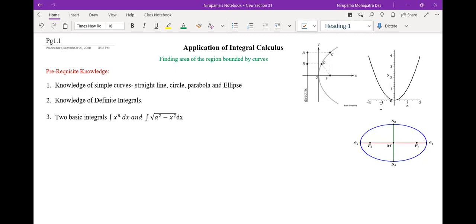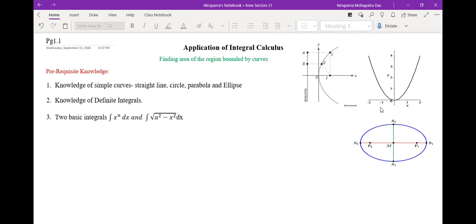Here we would need prerequisite knowledge: we have to have knowledge of simple curves like straight line, circle, parabola and ellipse.